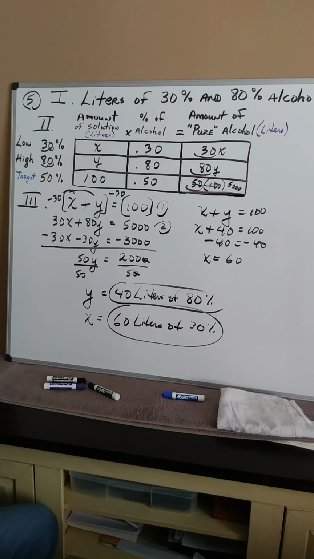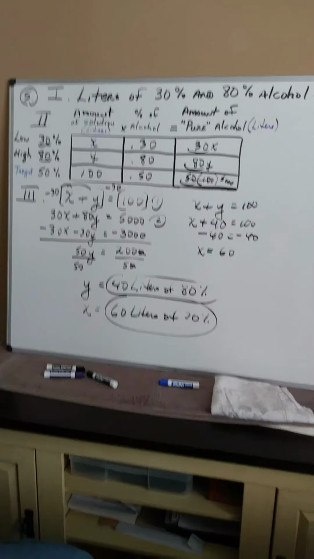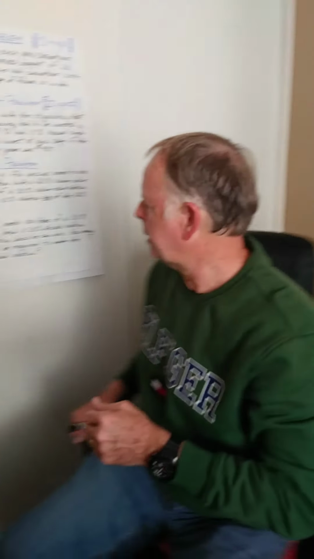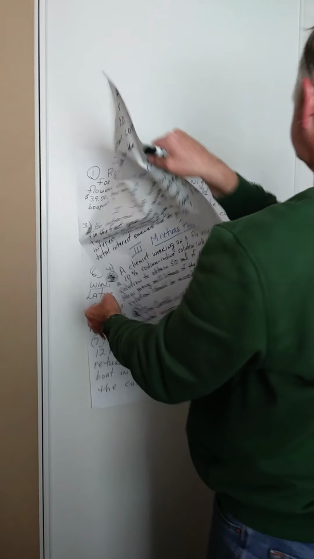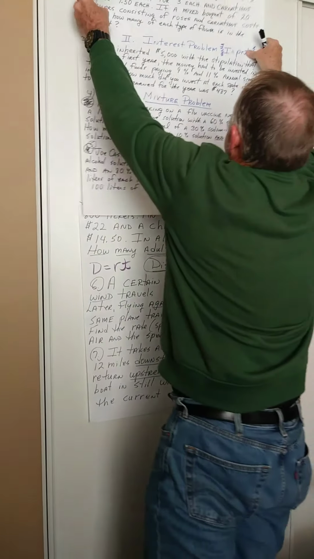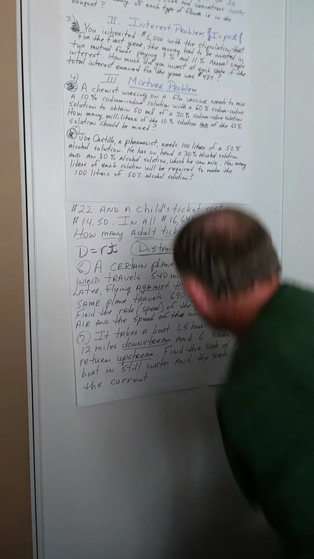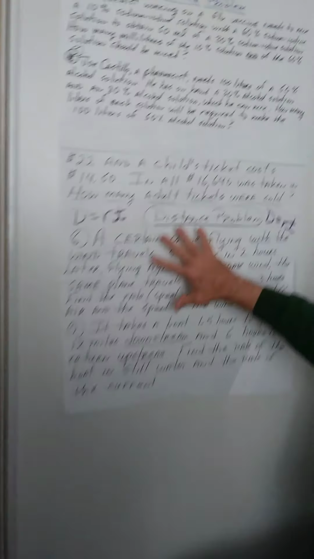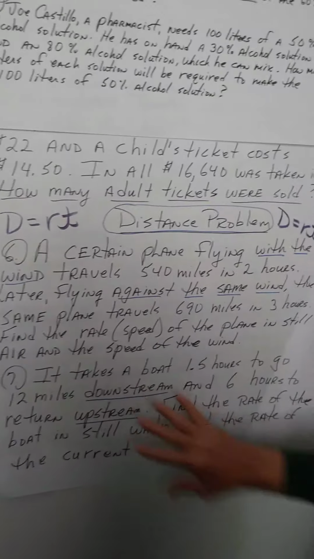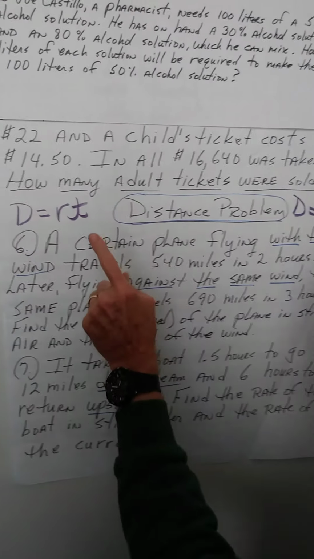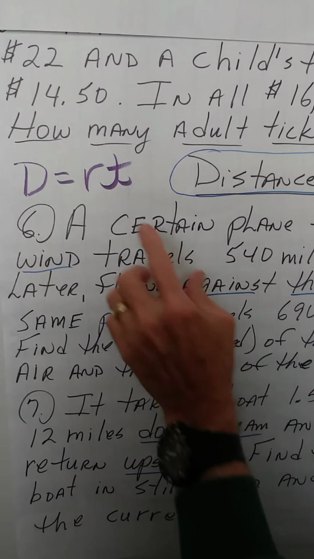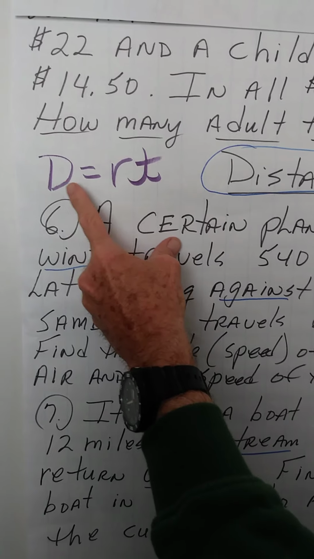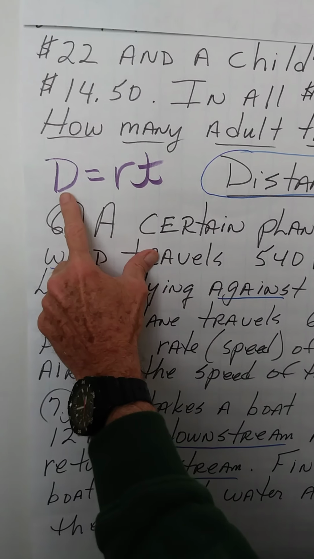That's the mixture problem. Now, you now have 2 of them in the book. Now we're going to go and finish this up and take a look at the distance problem. Now, the distance problem is a chart problem as well. The title of each column of the distance problem is going to be the 3 parts of the formula for distance.